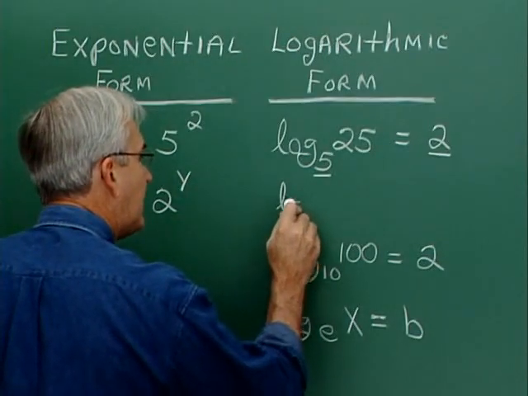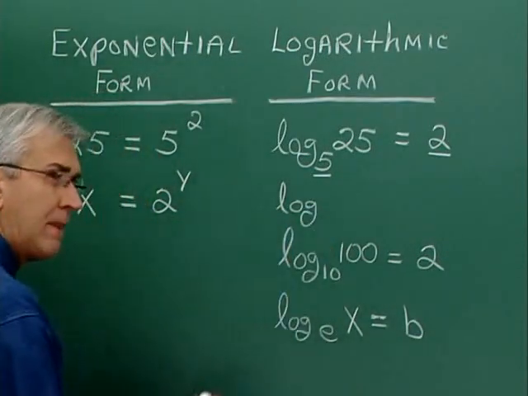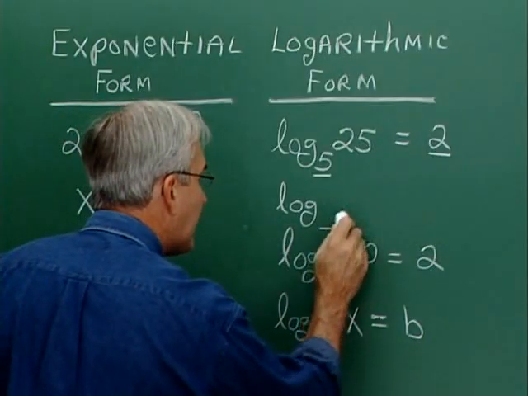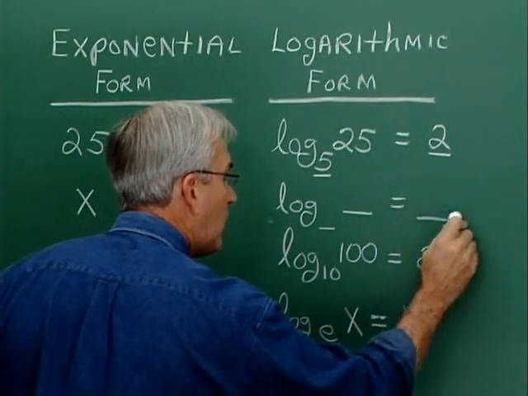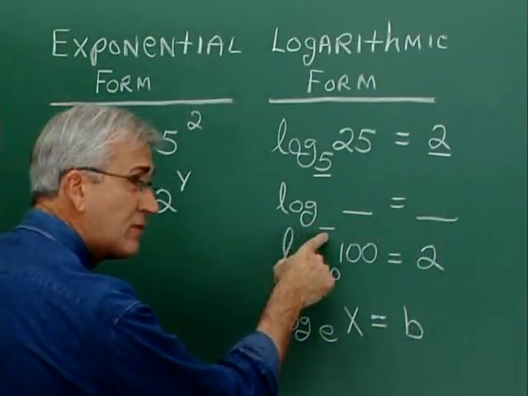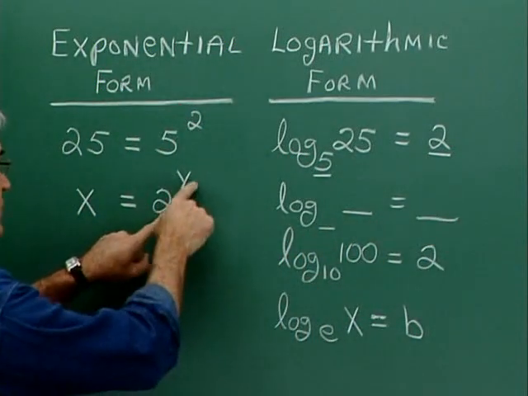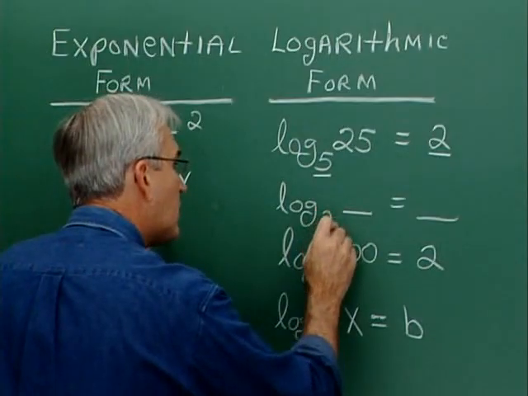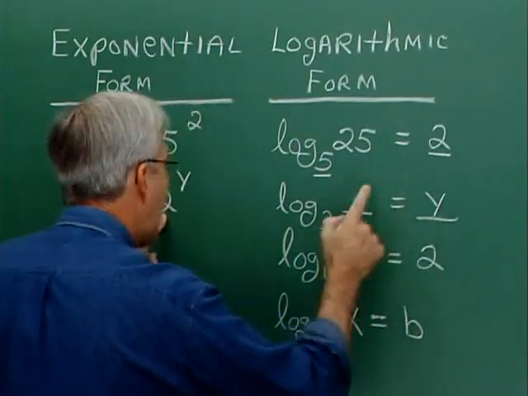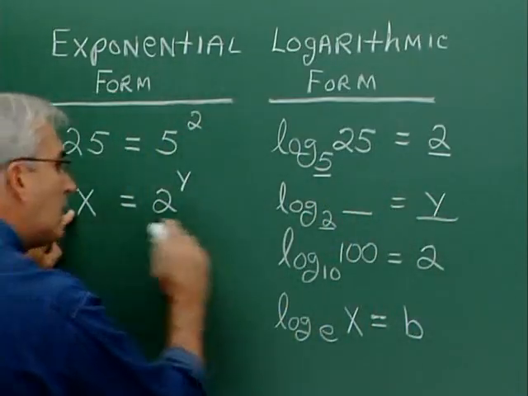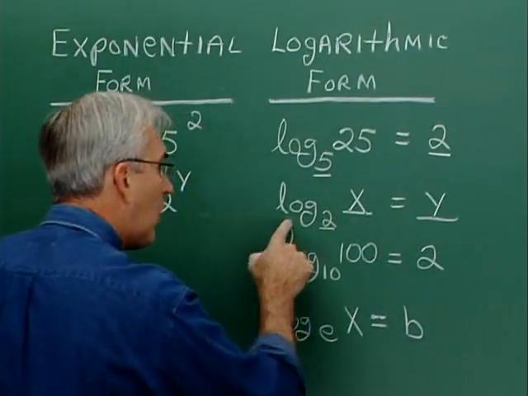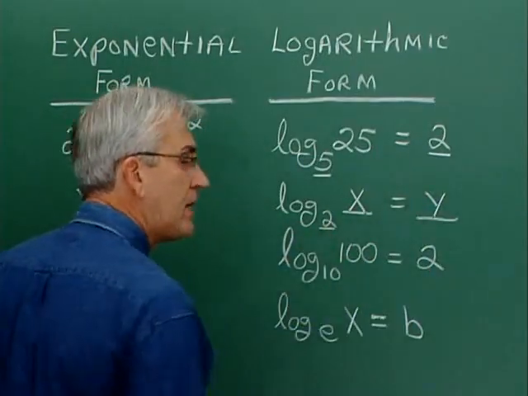This is the logarithm, and I have positions for 3 items. One here, and one over here. And this is the base of some exponent, and that's the exponent. So we look back over here, the base is 2, the exponent is y. So 2 goes here, and y goes here. And the number that we're talking about goes in this position. So the log of x in base 2 is equal to y.